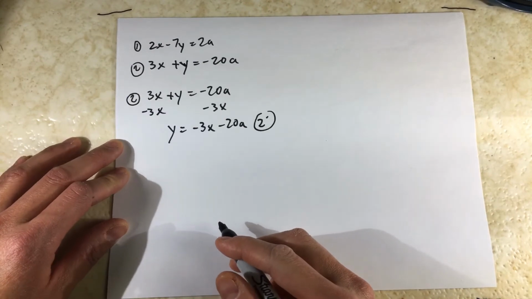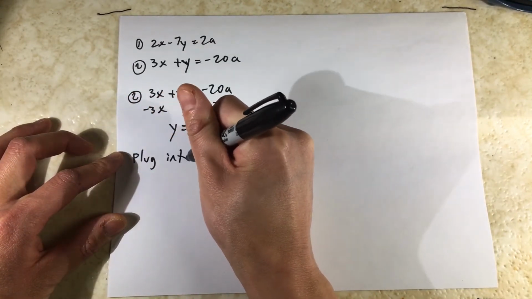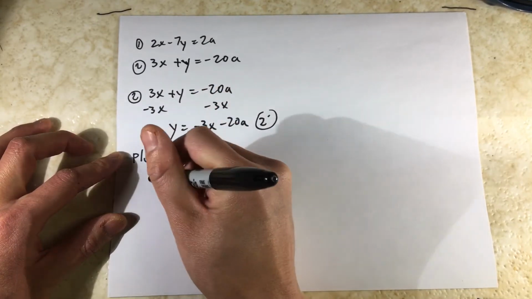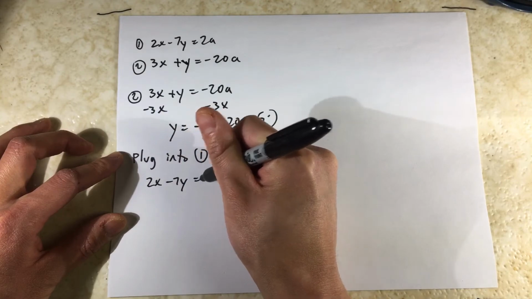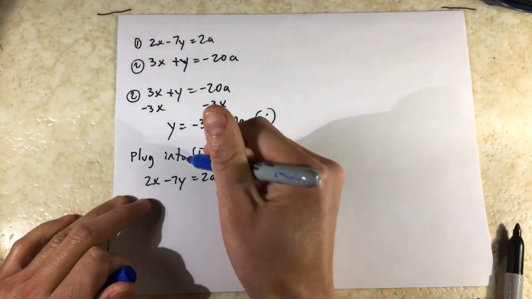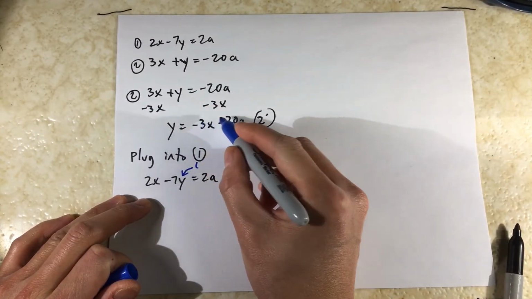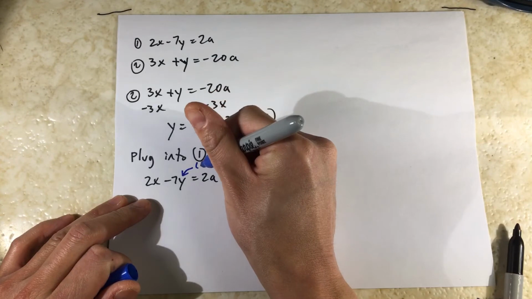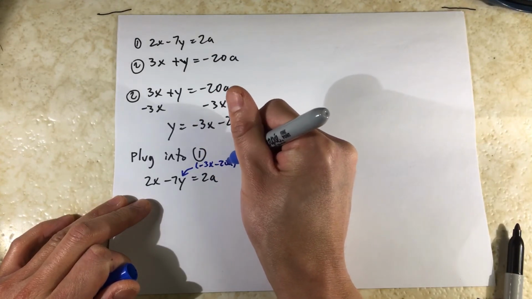I'm going to take that equation and plug it into equation 1. Equation 1 is 2x minus 7y equals 2a. What I'm going to do here is, for this y, plug in the expression I had for y in equation 2 prime: minus 3x minus 20a.